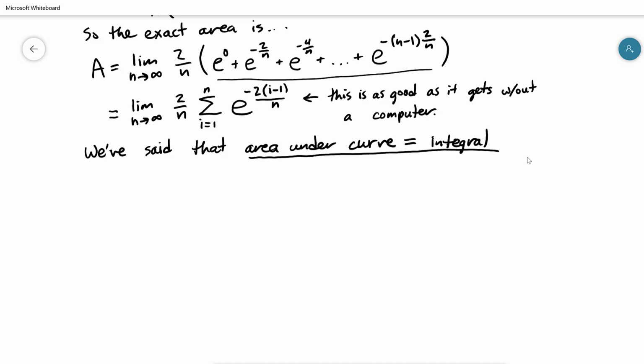I've just told you area under the curve is equal to the integral, but this is only one interpretation. And Calculus 2 is going to be a lot easier if you understand that there are other possible interpretations, that at the end of the day an integral is really just a sum. It's not an area, it's a sum. So keep that in mind, and we'll talk more about it in some future videos.